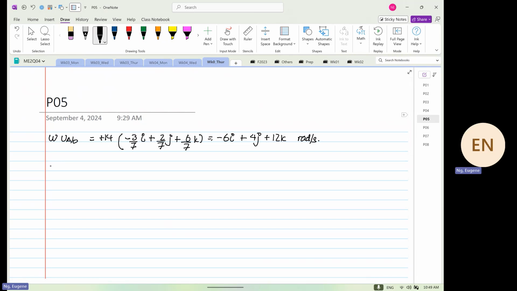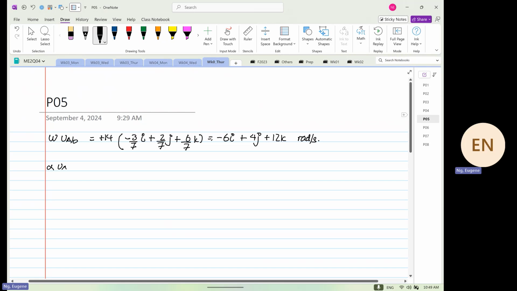Next, we can also do the same for alpha. So alpha, this is 7, we got minus 3/7 I plus 2/7 J plus 6/7 K. So from here, we know that this is minus 3I plus 2J plus 6K, and it corresponds to radians per second squared.